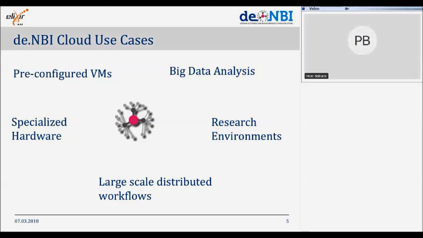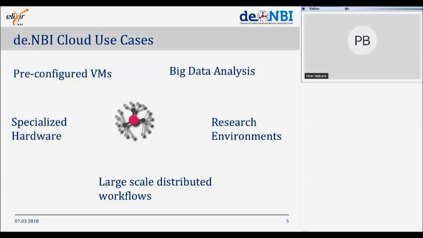So with these resources, we try to solve the following main use cases. We offer resources for big data analysis, like local access to public data resources or Hadoop and Spark-based solutions for big data analysis. We also want to provide pre-configured VMs with fully established software packages.